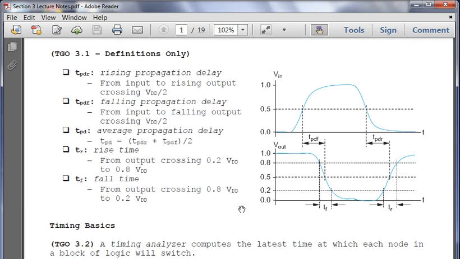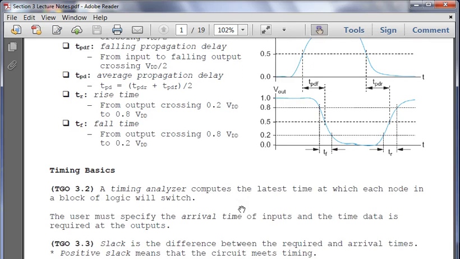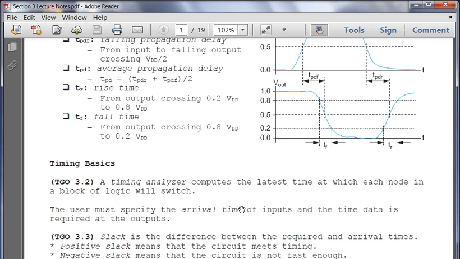I'm going to go past rising propagation delay here. We use timing analyzers to compute the latest time at which each node in a block of logic will switch. So we're going to be going through an example problem here in a minute where we have a number of different gates in a circuit.